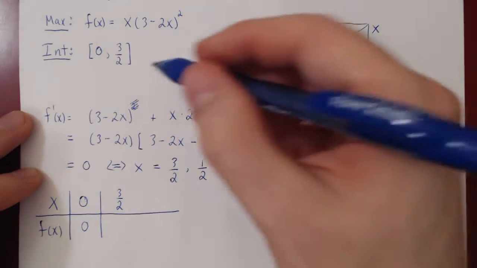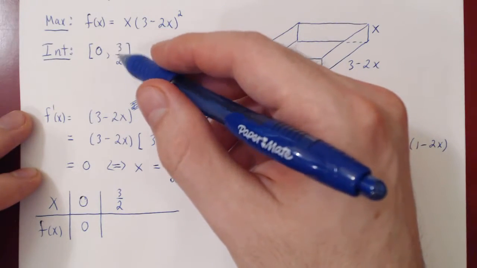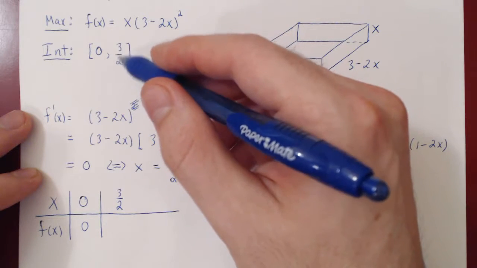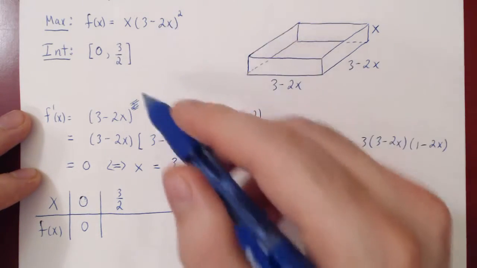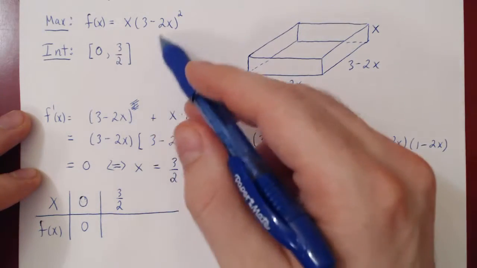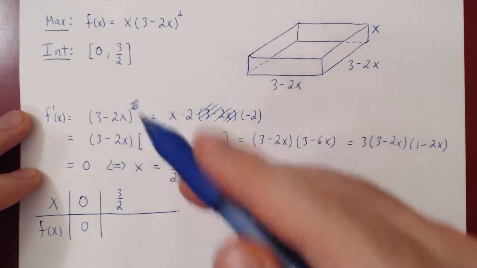As we have said before, when you cut off from each corner a square whose side is 3 over 2, you get nothing left, and so you get a volume of 0. 2 times 3/2 is 3, 3 minus 3 is 0. The volume is 0.